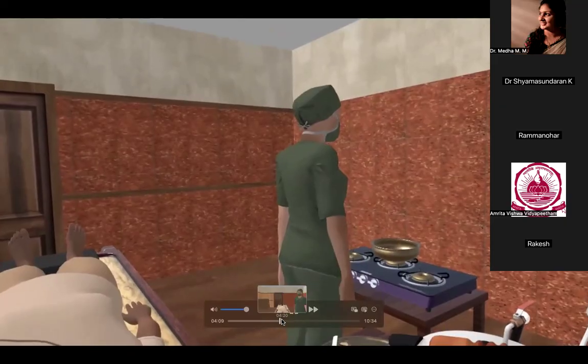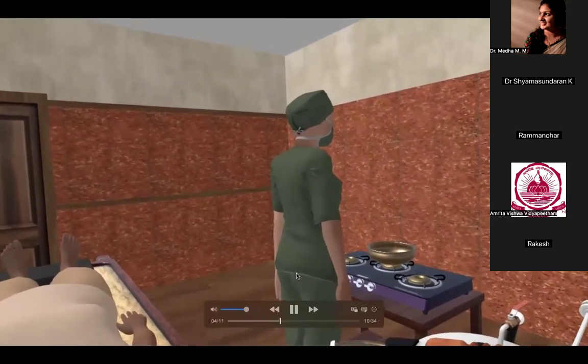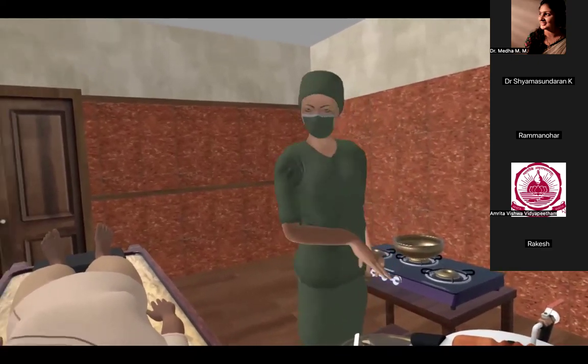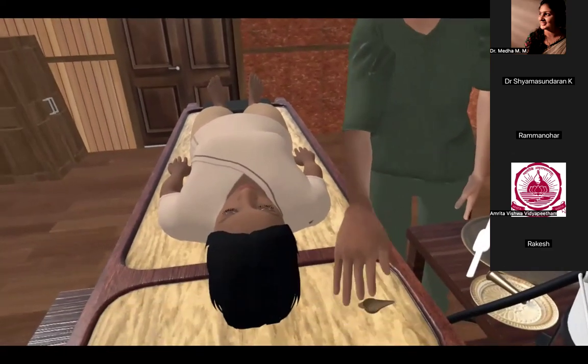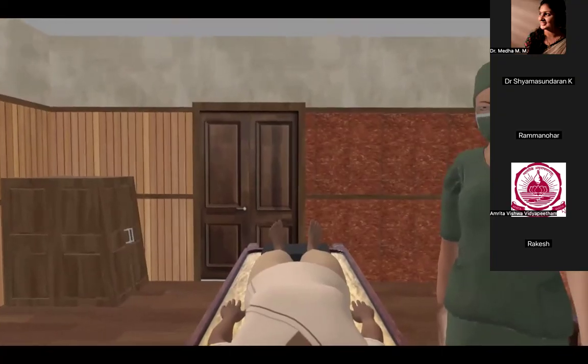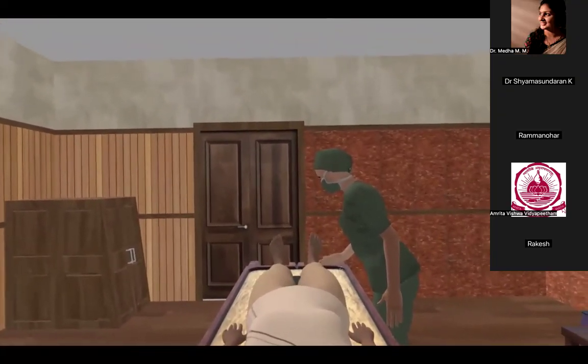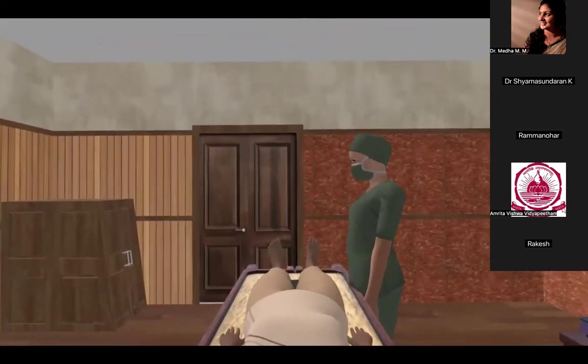The Pradhana Karma begins with the administration of the herbal medicine into the nostrils. So it is made lukewarm by the attendant. Then we have to adjust the leg pillow position and extend the neck.